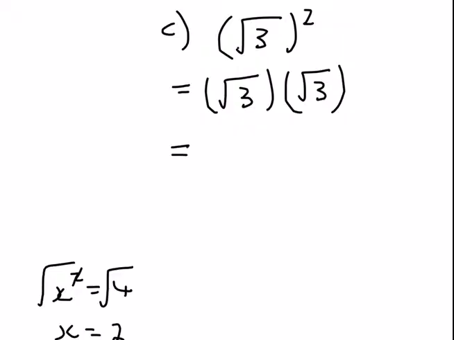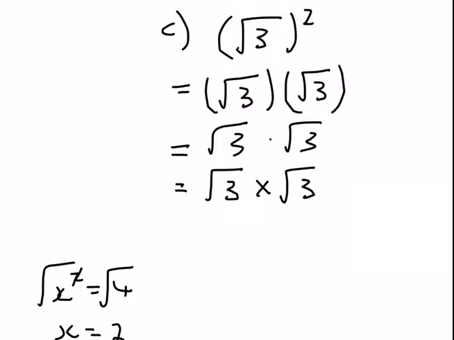And if we have 2 of the same thing, this multiplying that. Remember, a multiplication can be in many forms. I'm doing this deliberately so that you can see that it can be in the form of brackets or just a dot like that one, or the normal multiplication. It means the same thing.